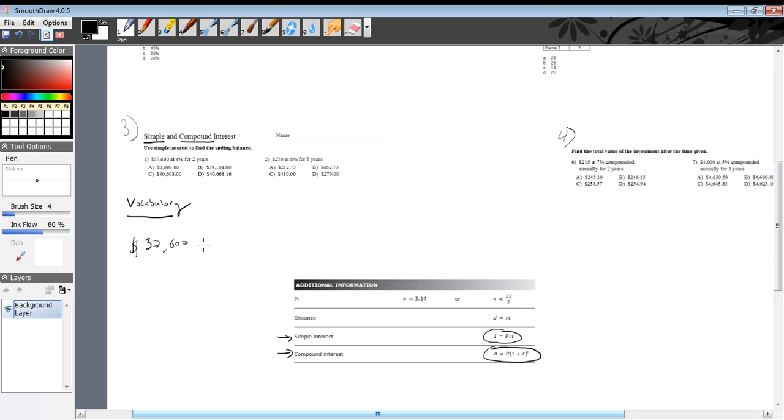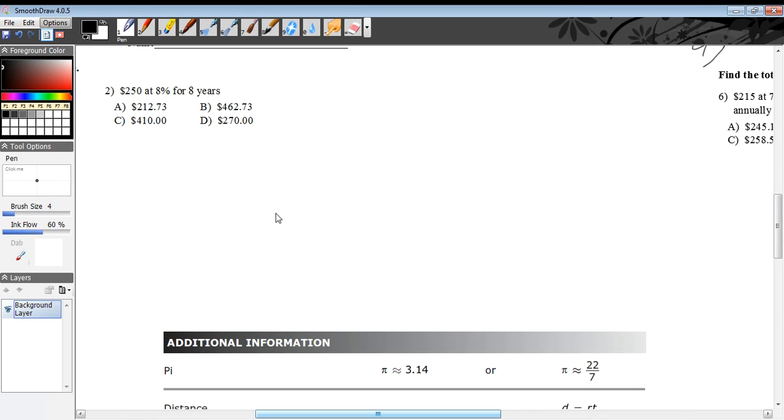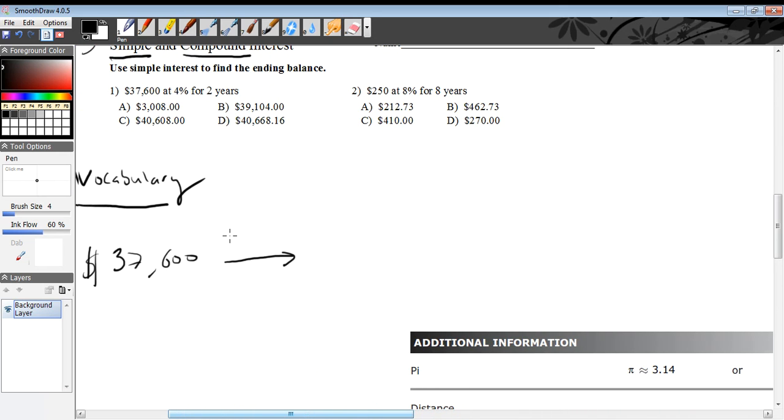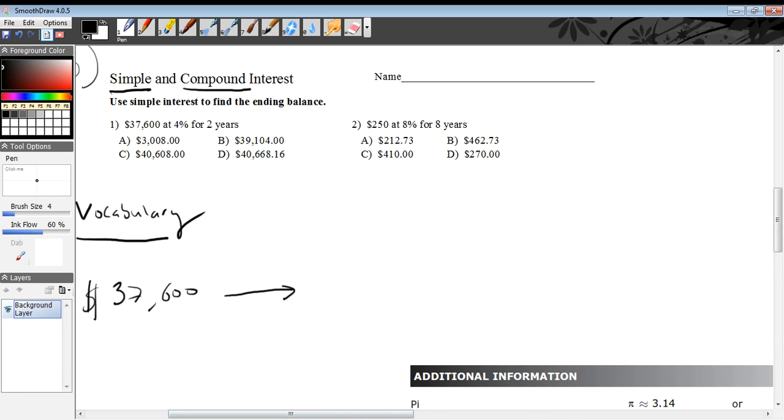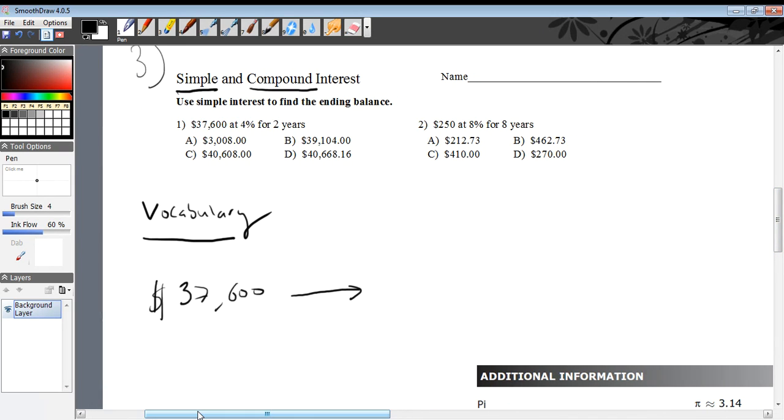Over time, this money grows, and it's going to grow at 4%. So it's going to do a 4% increase per year for the next 2 years. It's going to have a 4% increase and then another 4% increase for the next 2 years.